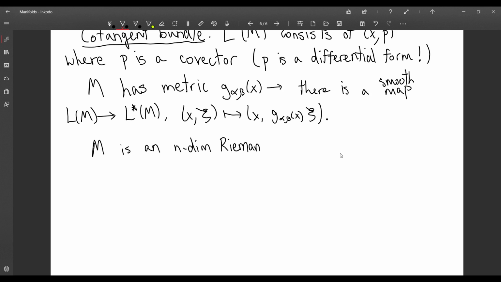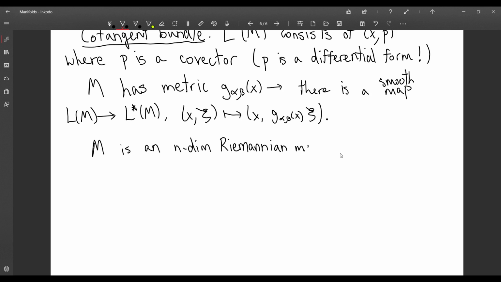So remember, a Riemannian manifold is simply just one with a Riemannian metric, and that just means that the metric is a positive definite form, right? So it's going to be always non-negative, and it's only 0 when the two input vectors are 0.